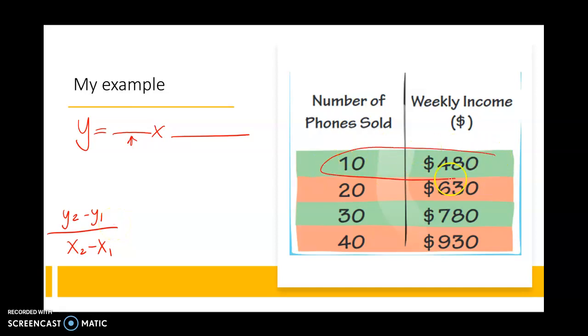So I'm going to pick these two. I'm going to pick the top two. So these are my x's, these are my y's. This is y1, x1, this is y2, x2.